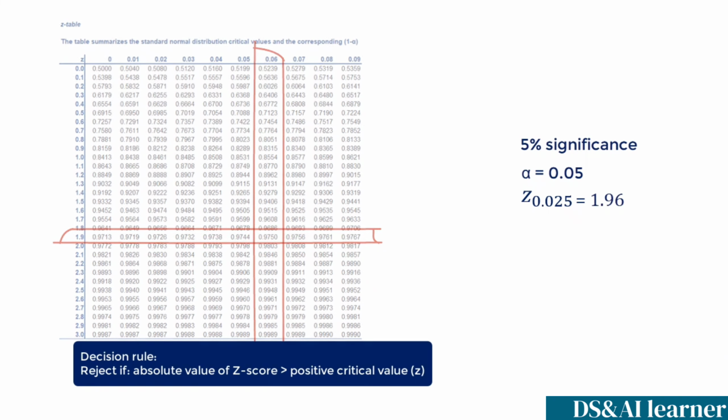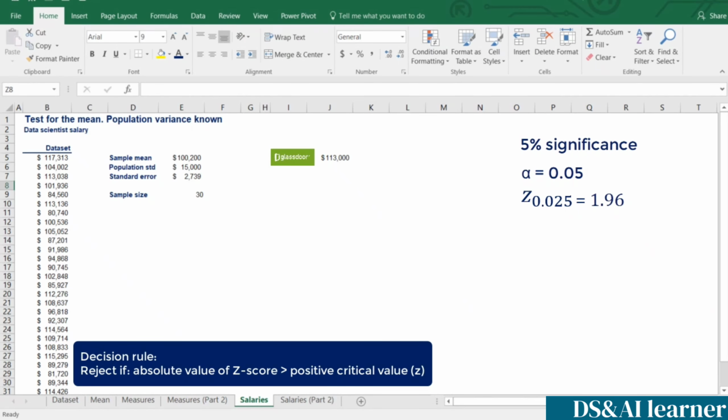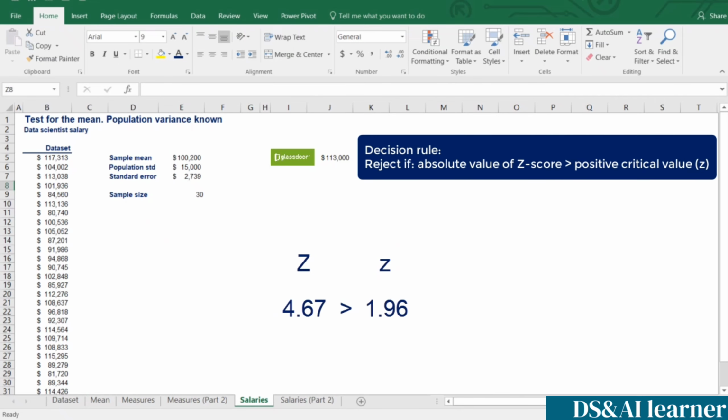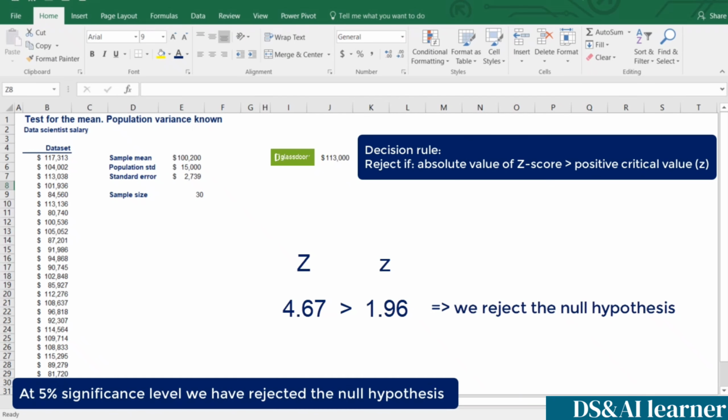The last thing we need to do is compare our standardized variable to the critical value. If the z-score is higher than 1.96, we would reject the null hypothesis. If it is lower, we will accept it. 4.67 is higher than 1.96, therefore we reject the null hypothesis. The answer is that at the 5% significance level, we have rejected the null hypothesis.